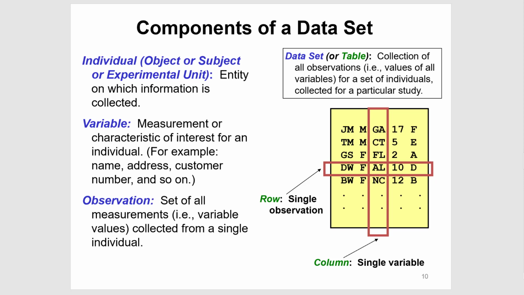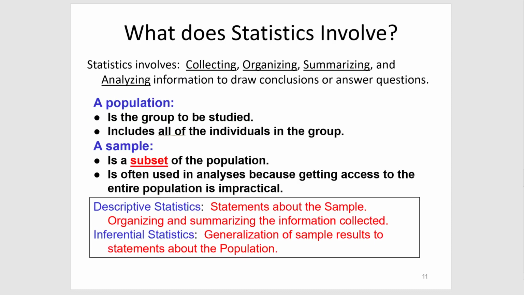And we try to make sense of these distributions, the distribution of state of birth, the distribution of gender, the distribution of the number of years at their particular employer, current employer. Statistics involves the collecting, organizing, summarizing, and analyzing information to draw conclusions or answer questions.